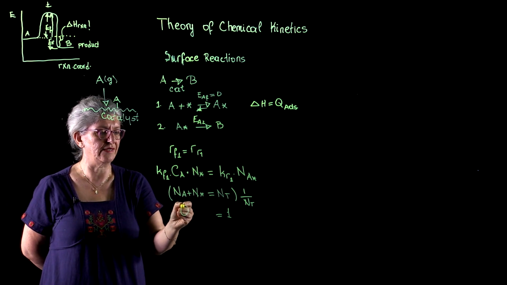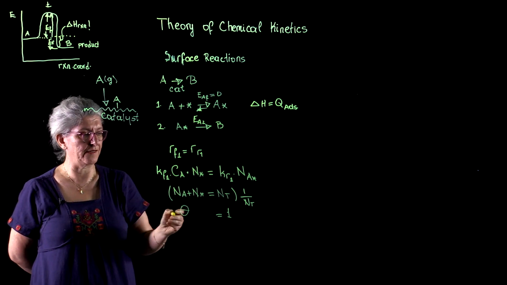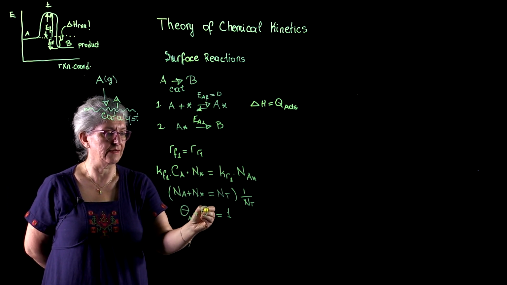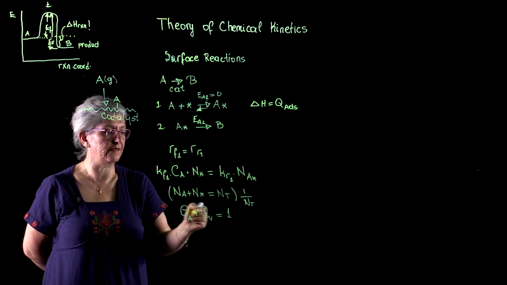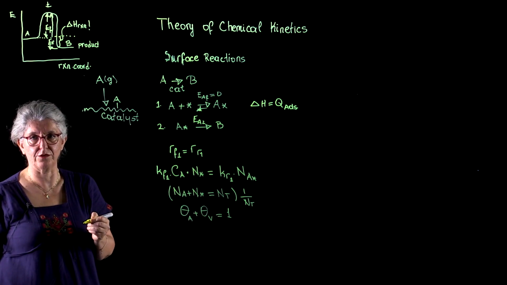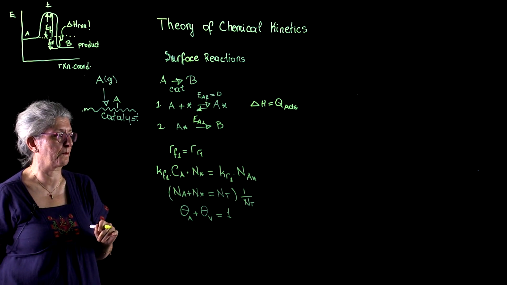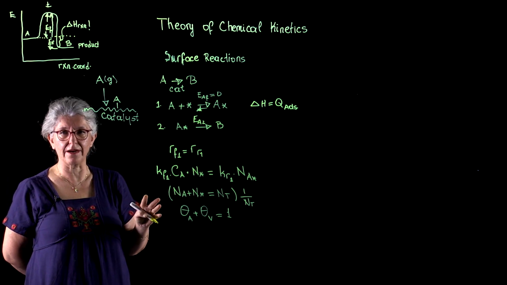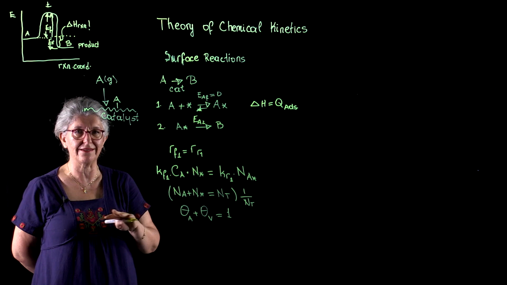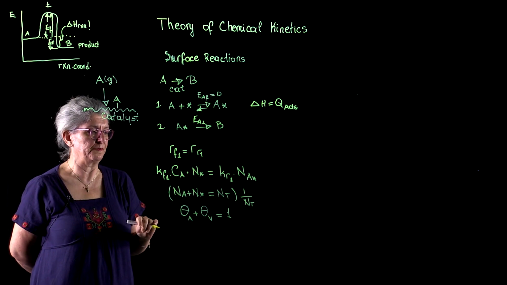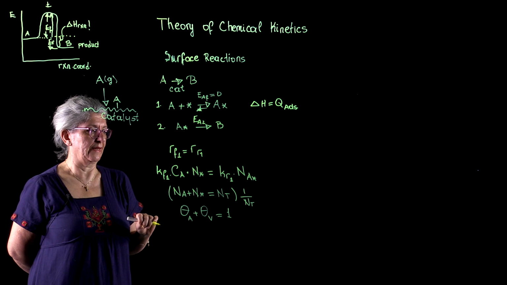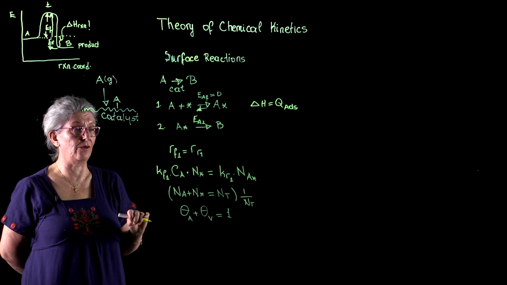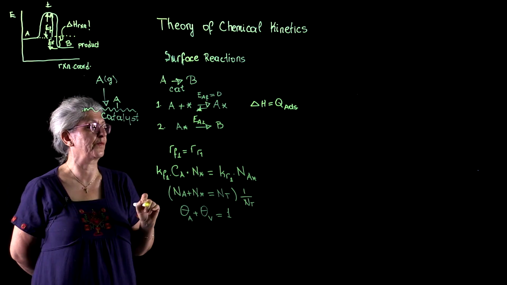I will use theta A to reflect the fraction of the surface covered by A, and theta vacant to reflect the fraction of the surface that is vacant. And we assume here that the sites that are covered by A and the vacant sites are randomly distributed, and we also assume that all sites are equivalent.